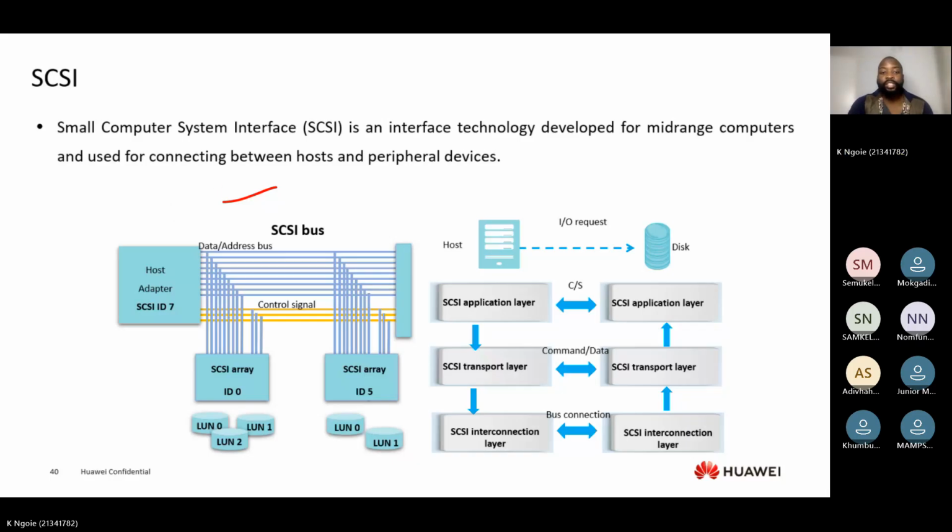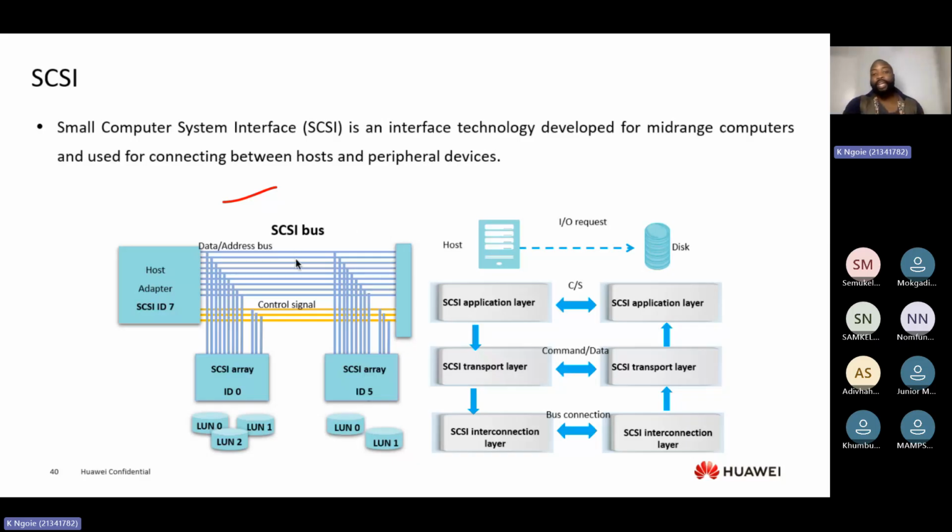It is also the same language spoken between your computer and, when you put a disk in a computer, if your computer still has a disk, the communication is controlled by the SCSI.